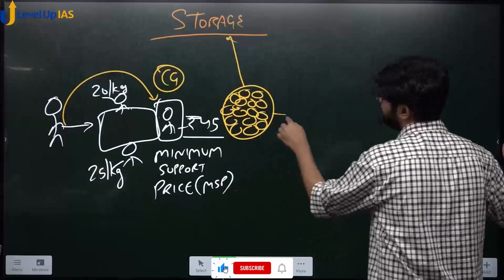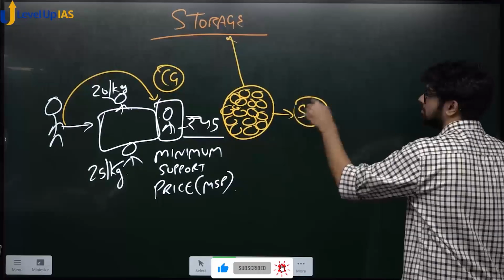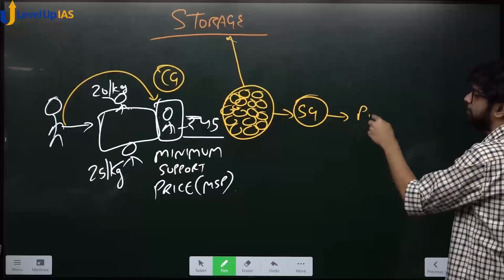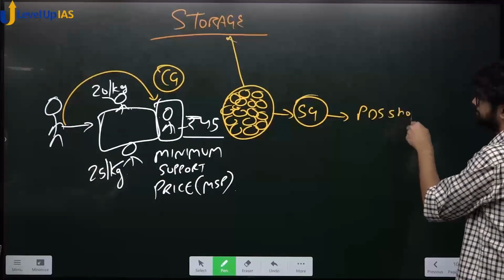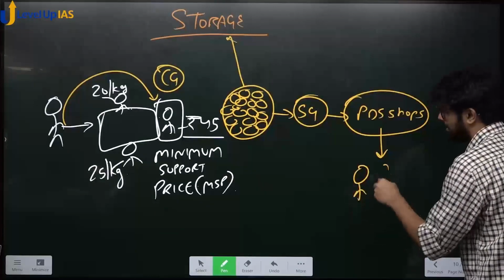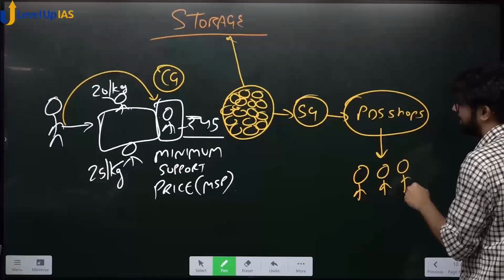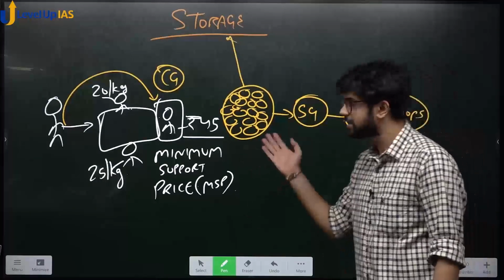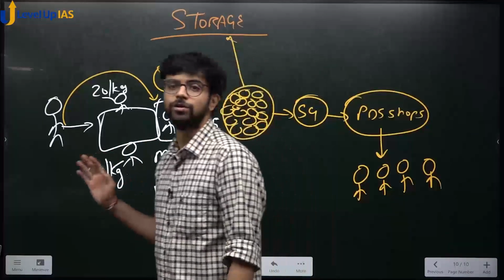Government will send this to state governments. ठीक है? State government will send this to PDS shops. PDS shops will sell this to people at very less prices, at discounted prices, because this is related to food.